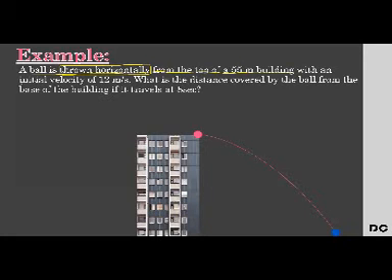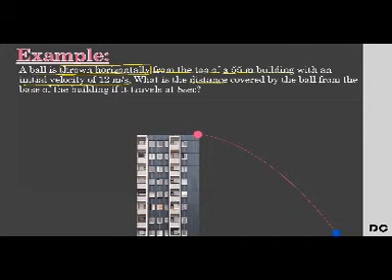The initial velocity applied on the ball is equal to 12 meters per second. So what is the distance covered by the ball from the base of the building?